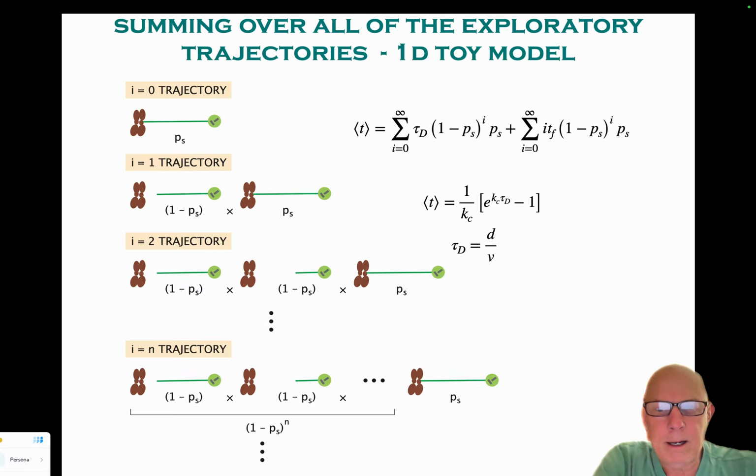In case i equals 1, so that's the second one, what I want you to notice is that this guy grew, it didn't quite make it to the chromosome, it shrank, and then it tried again, and it succeeded on the second try. As you can see, the structure of these probabilistic trajectories are all of the form (1 - ps) to a power, the power being the number of failures, followed by a ps, because remember, ps is the probability of success.